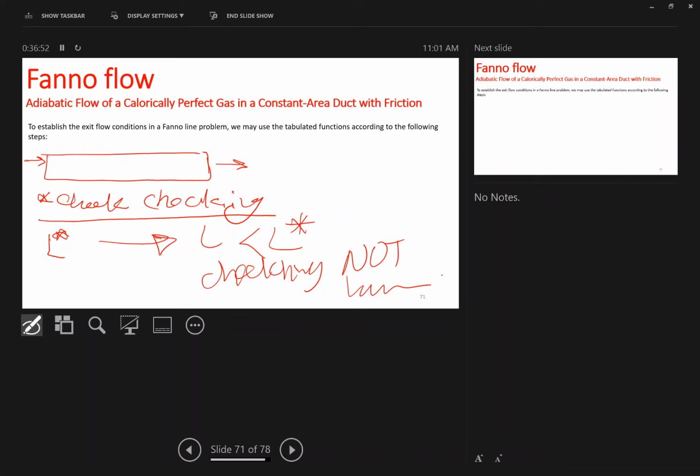So let's say we are starting with a subsonic condition, smaller than 1, and what we are saying is that the length is smaller than the sonic length. So you could have gotten to M equals 1 here, right? But at this point, you have a Mach number that is larger than your inlet, but it is smaller than the sonic condition.